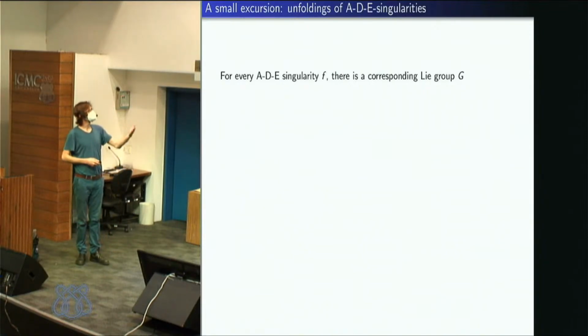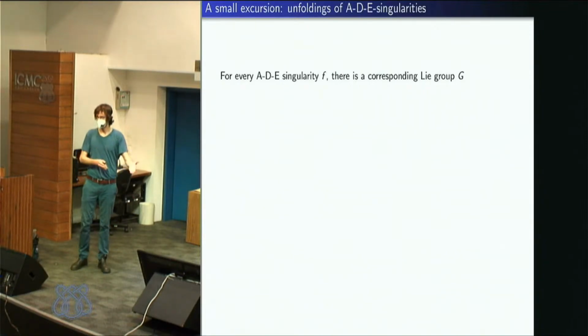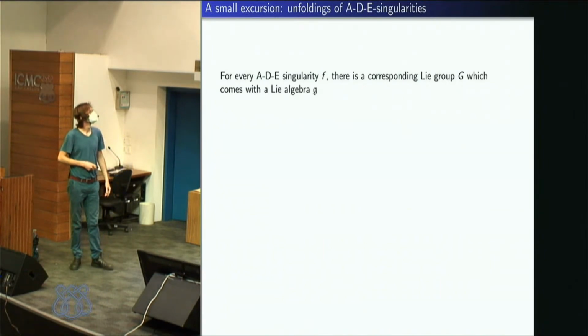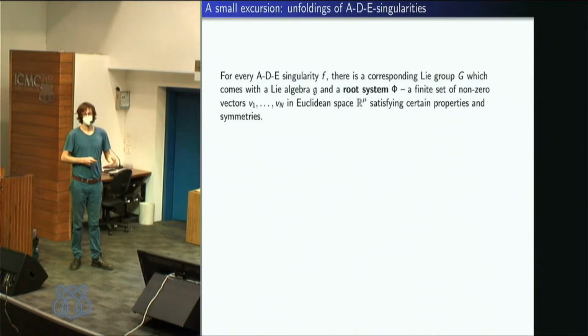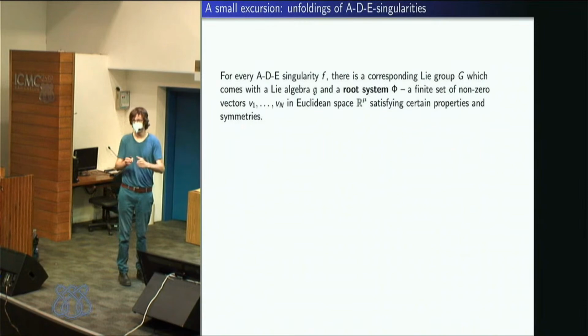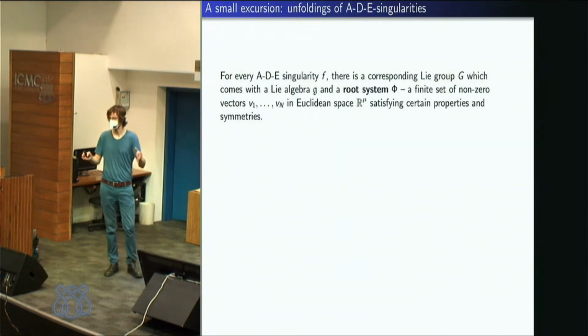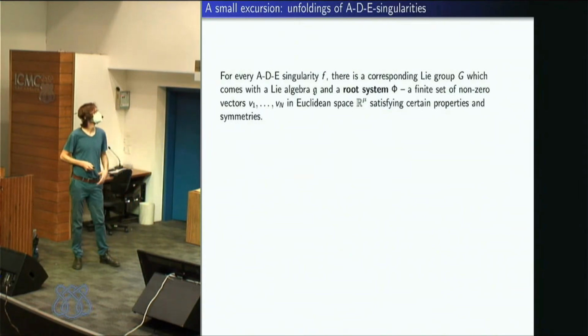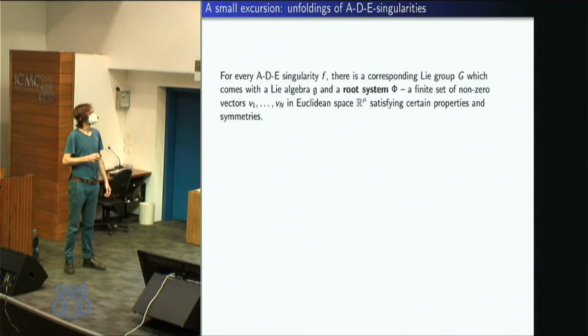So for every ADE singularity, you know that there's a corresponding Lie group. And this has a Lie algebra. And the Lie algebra has a so-called root system. So these are very technical things, and you have to remember a lot of details. But let's try to summarize what we need from this.